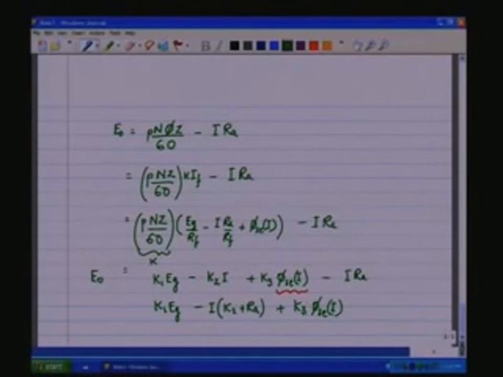So, if K3 and the number of turns is so designed such that it will cancel out this portion, makes it equal to 0. So, if the shunt field winding number of turns in K3 is so designed such that the load component of the flux and the load component of the drop RA is equal to 0, then E naught will be directly proportional to or always equal to the EG portion.